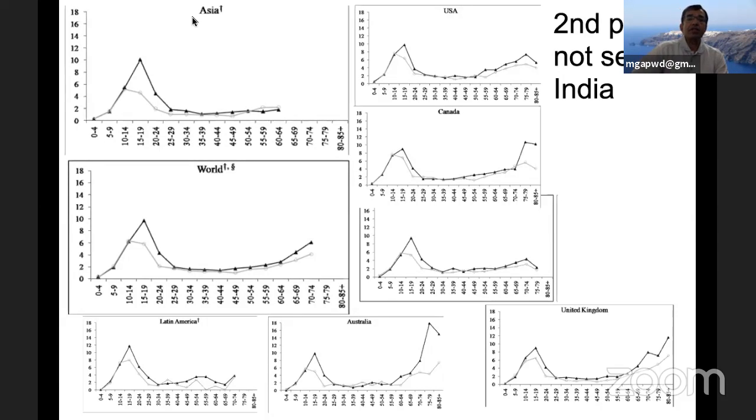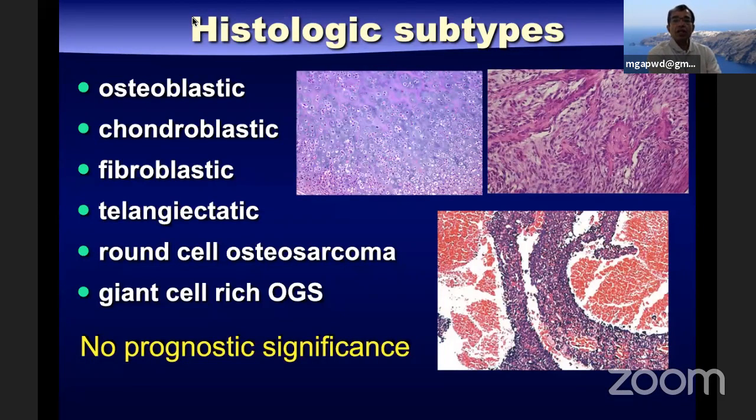Now, coming to the histological subtypes, as we know, the commonest thing that we know about, or the typical osteosarcoma, is an osteoblastic osteosarcoma because it forms bone. It forms osteoid, which gets mineralized, and therefore we call it an osteoblastic osteosarcoma. But depending on which component is more prominent, you can classify these osteosarcomas into chondroblastic, fibroblastic, telangiectatic, or small cell osteosarcoma or round cell osteosarcoma.